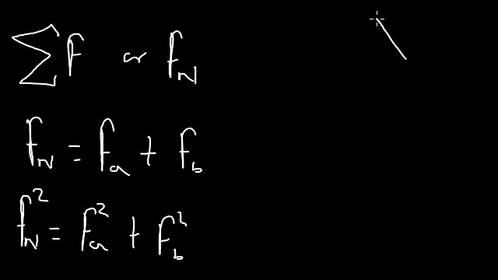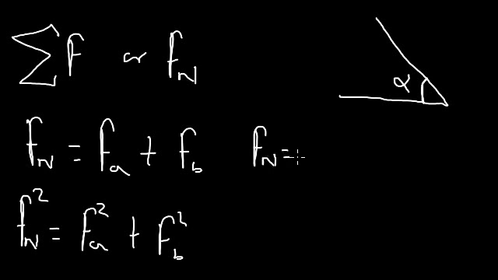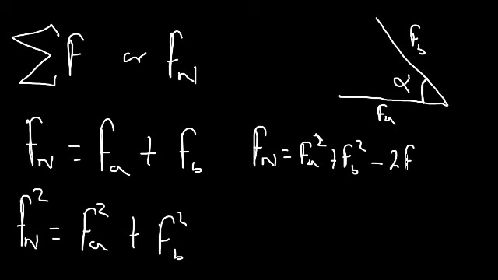So if those two forces make an angle with each other, let's say alpha, then the net force F sub n will be equal to the sum of the squares of those two forces. Let's say this is F sub A and this is F sub B. So that's F sub A squared plus F sub B squared, minus 2 times F sub A times F sub B multiplied by the cosine of angle theta.